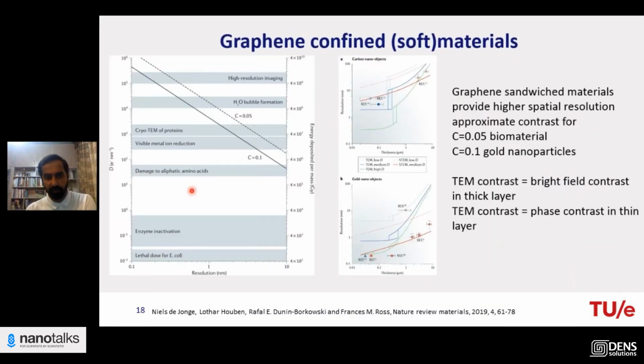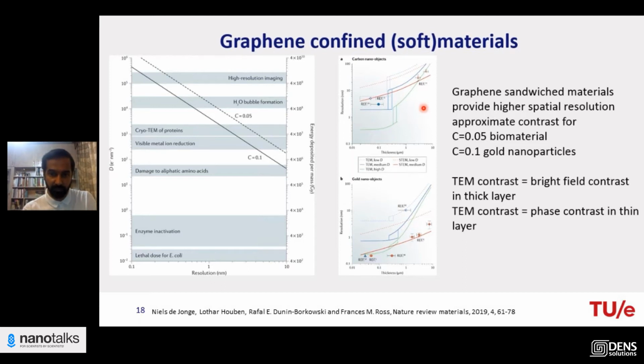So there's a beautiful review from the pioneers of liquid phase electron microscopy for biological materials, Niels de Jonge and Francis Ross, where they explain the dose rates that can be reached and the contrast, the resolution that can be reached by different beaming methods and for different materials.